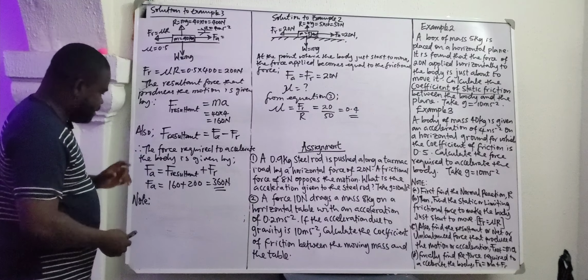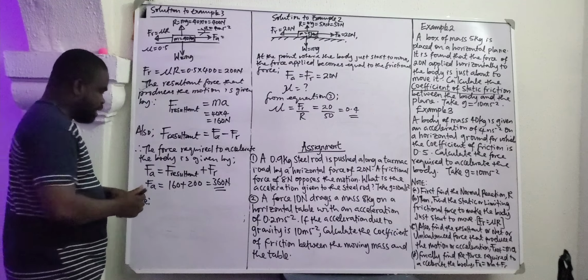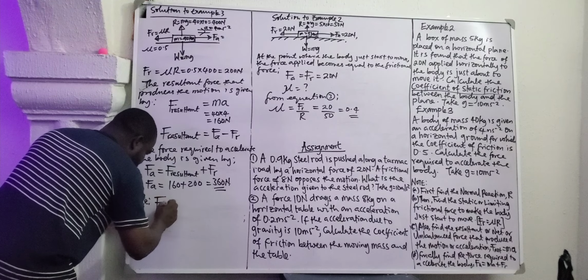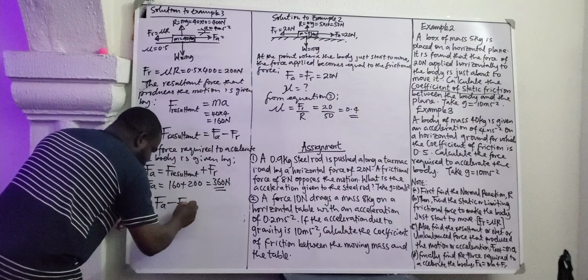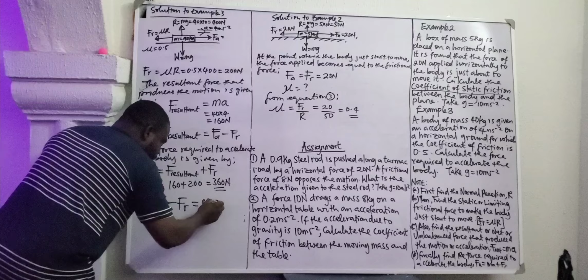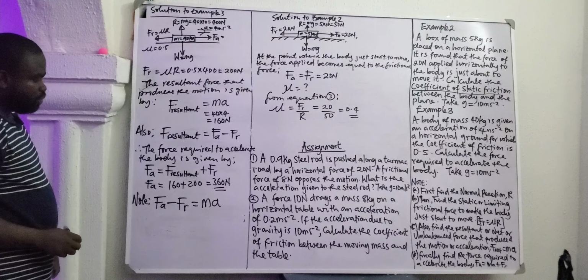Is that clear? And the formula to obtain that, joining this equation, this one and this together, will give me force applied minus the frictional force is equal to the net force.